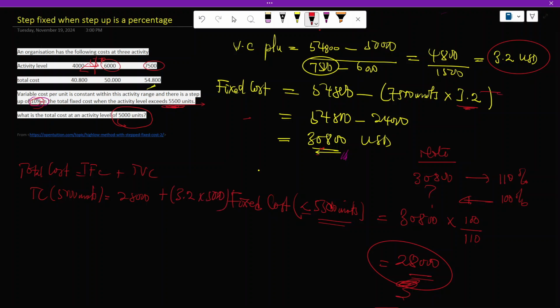So we are going to get 28,000 plus 16,000. Okay, so 28,000 plus 16,000 will give us 44,000 US dollars.